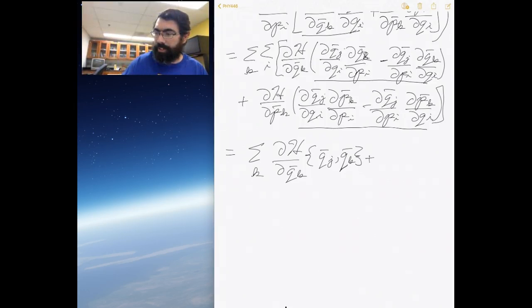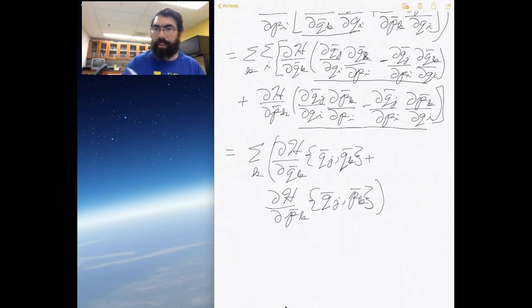plus, I'll write it down here, the derivative of the Hamiltonian with respect to the momentum barred, and that's the Poisson bracket of q bar j, comma, p k. So I now have something a little more compact. Everything is written in terms of Poisson brackets.